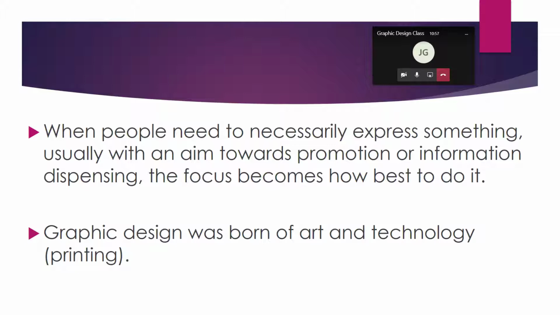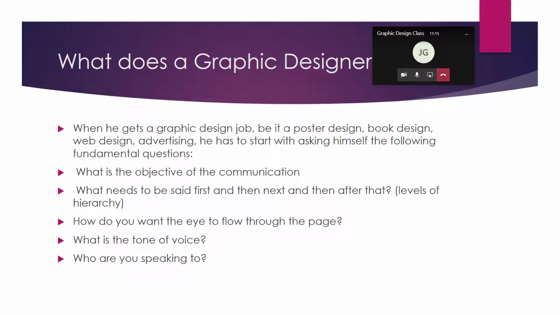We also mentioned that when people want to communicate or send information, they will want to put it in a presentable way. So you want to put in images and graphics and other things so that people can easily get to know what you are trying to communicate.